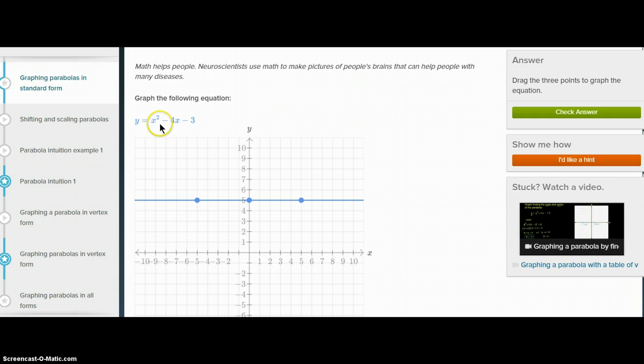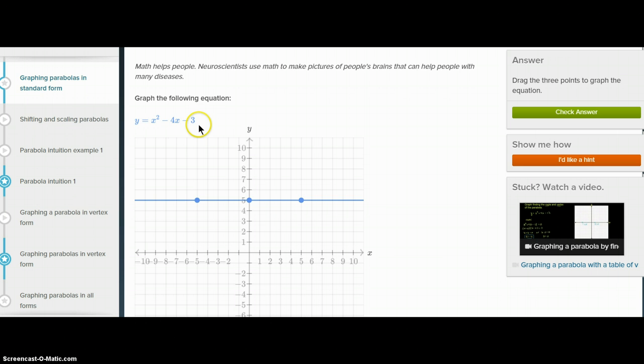Alright, for our next one, we have x squared minus 4x minus 3. So let's see if anything will factor out of here. If we have a negative 3 and negative 1, that wouldn't quite work, because that would be positive 3 and negative 4.